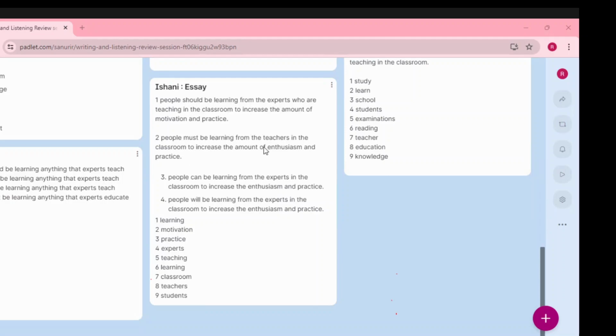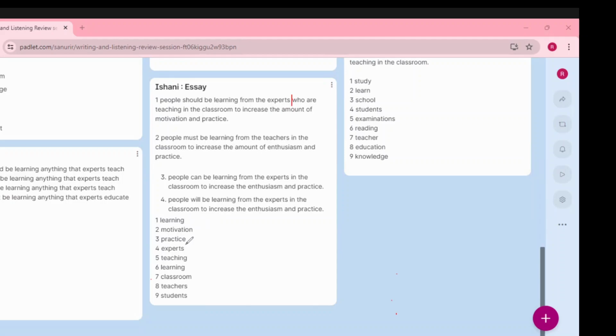And Ishani, I notice you have used some synonyms as well, which is really good. But then, don't you feel like this is really lengthy? Because we are adding this sentence to an already existing sentence, right? So you can go with this one. You can stop from here. This part, we don't need that actually. People should be learning from the expert. That is enough, Ishani. Okay?